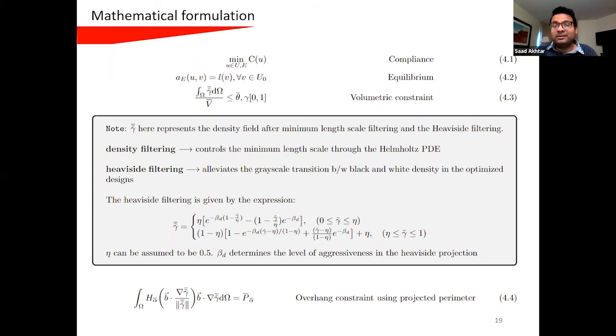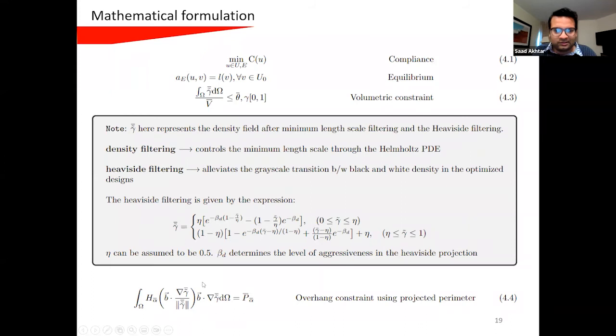But at the end of the day, we don't want it continuous. We want a sharp transition between 0 and 1, where 0 means place an insulator material here, and 1 means place conductor material here. There's a mathematical representation of the heaviside filtering that we use.